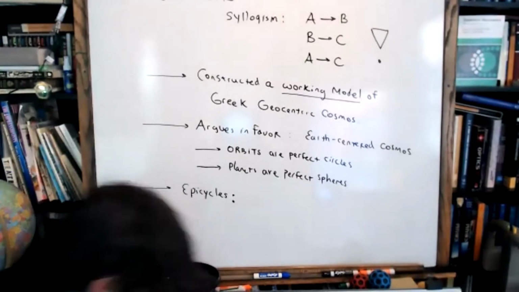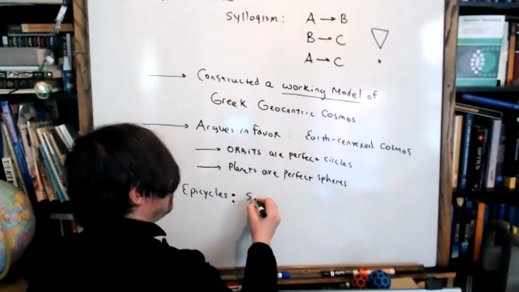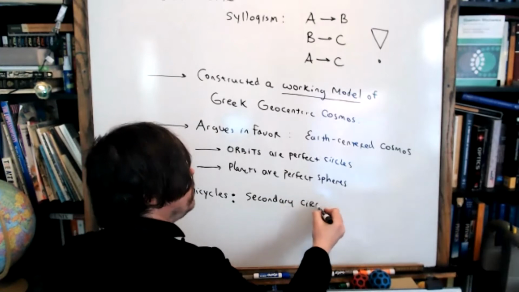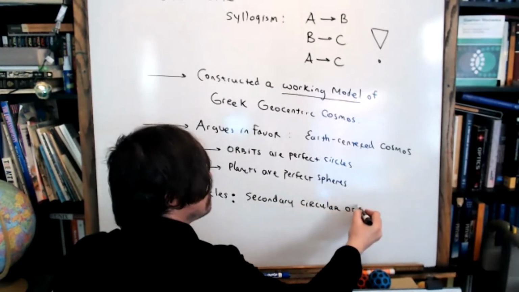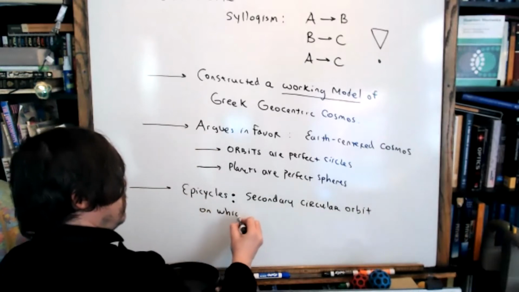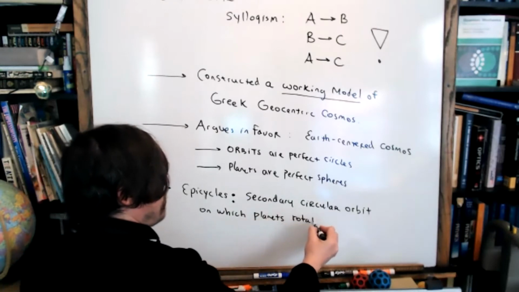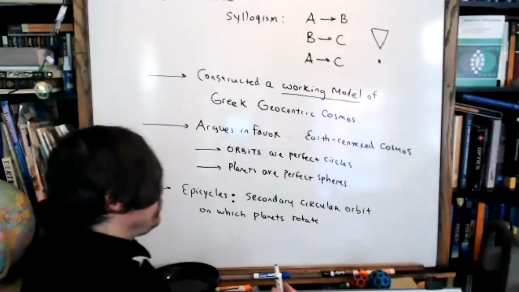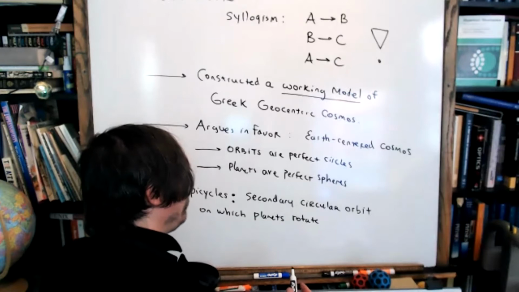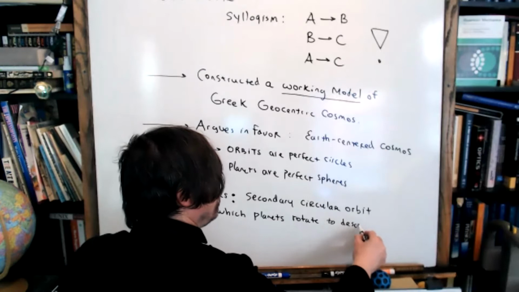Epicycles were a secondary circular orbit on which planets rotate, used to describe retrograde motion.